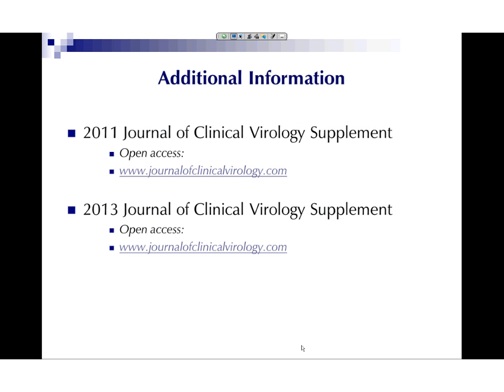So for additional information on the things I've talked about today, there were actually two supplements to the Journal of Clinical Virology, one that was published in 2011, the other one just published in December 2013. These are both open access, and so all of the journal articles related to the HIV tests that I've talked about, related to the timing and related to comparisons with the new algorithm, are all available for free download from journalofclinicalvirology.com, so that if you'd like more information or to look at any of the specific papers that I referenced today, you can get them pretty easily and for free by just downloading from this particular website.